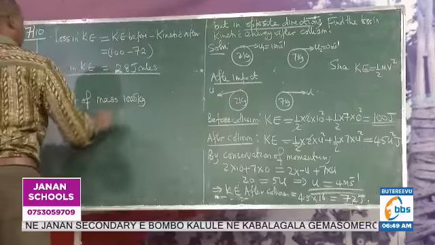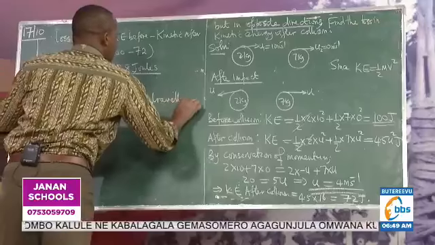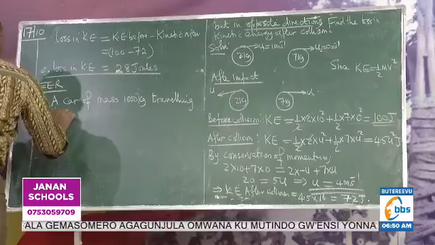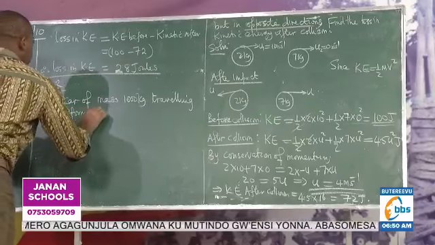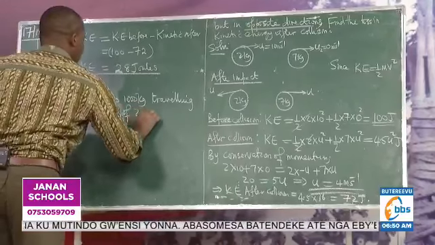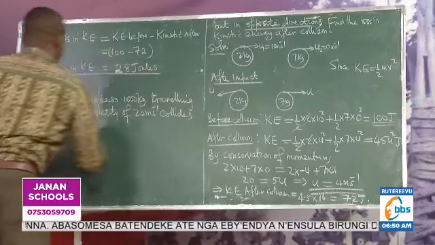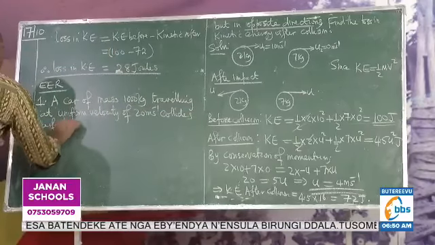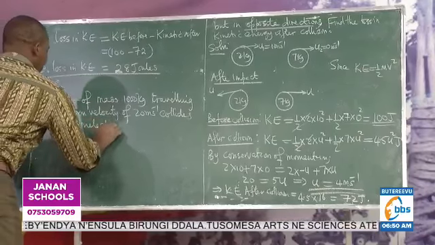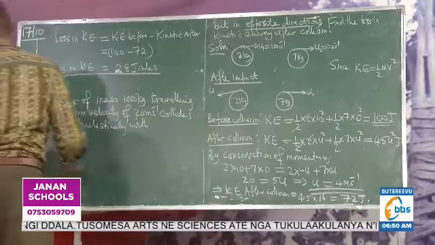A car of mass 1,000 kilograms traveling at a uniform velocity of 20 meters per second collides perfectly inelastically with a stationary car.